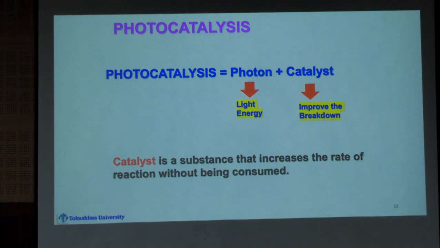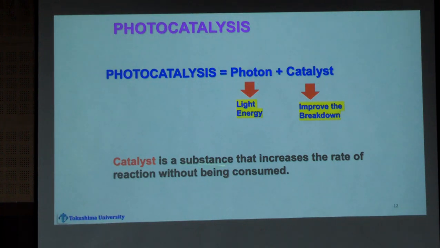Like if you are running and somebody pushes you, you will run faster, because you have your own energy when walking or running, and with someone's help your speed will be faster. In the same way, if we use a catalyst, this photolysis process is enhanced.